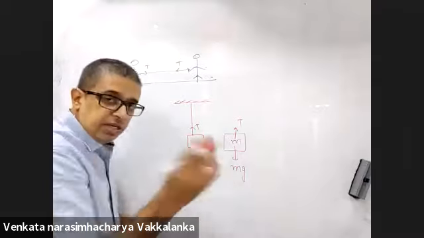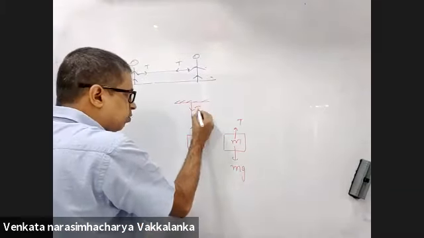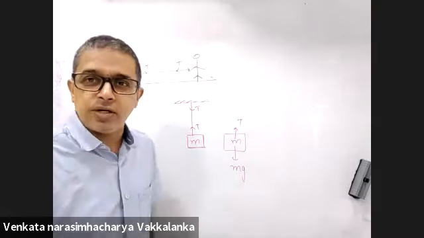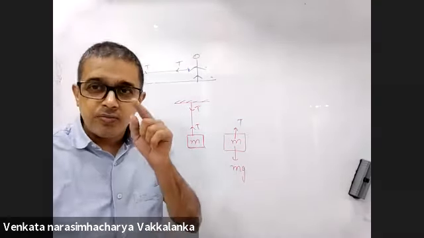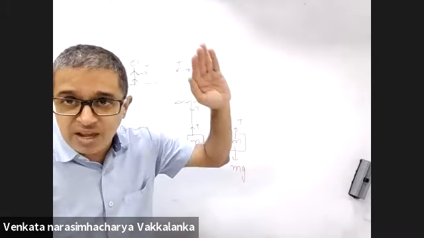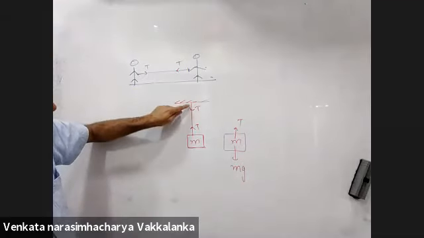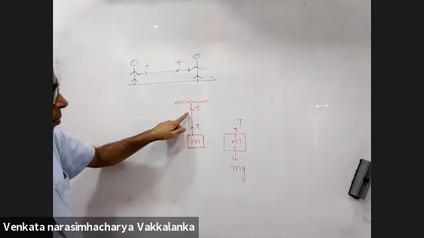So tension will be the same all throughout. With respect to the ceiling, tension will be in the downward direction. With respect to the mass, tension is in the upward direction. Away from the point with respect to the point.